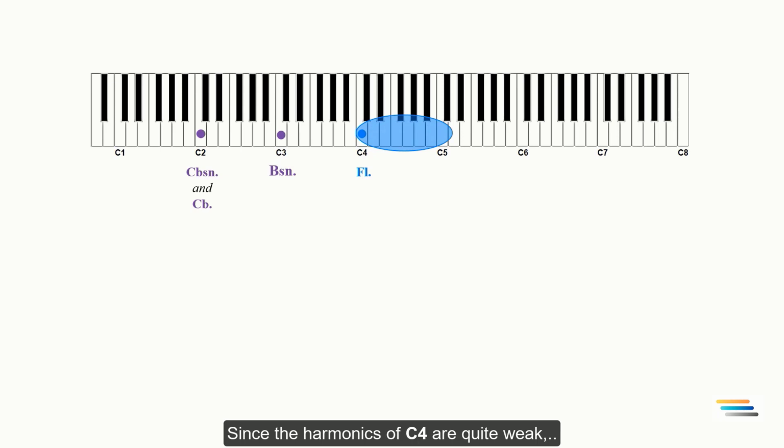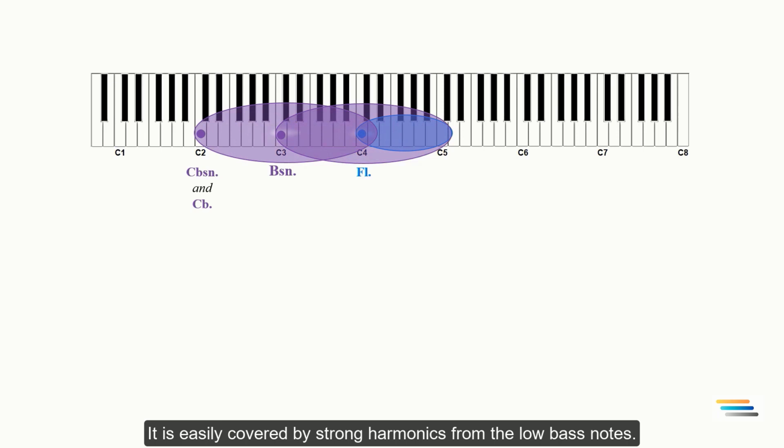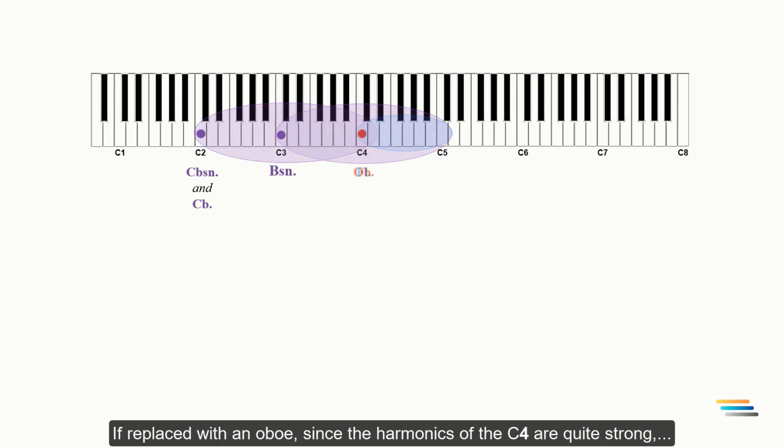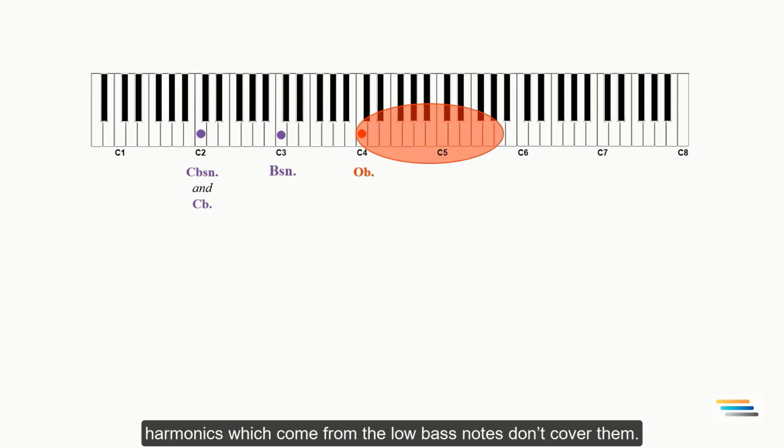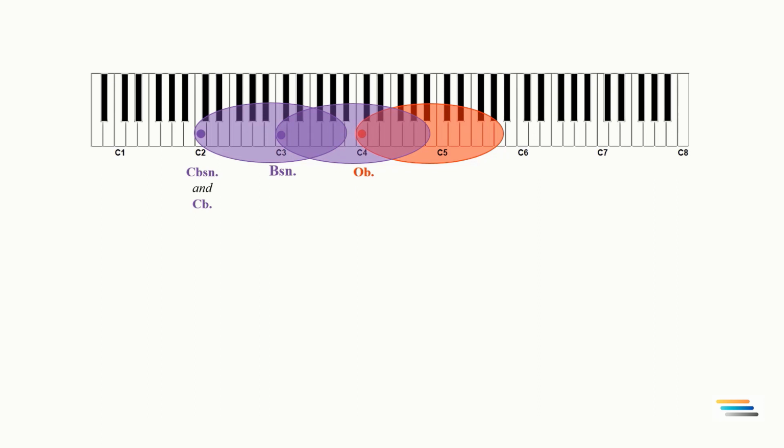Since the harmonics of C4 are quite weak, it's easily covered by strong harmonics from the low bass notes. If replaced with an oboe, since the harmonics of the C4 are quite strong, harmonics which come from the low bass notes don't cover them.